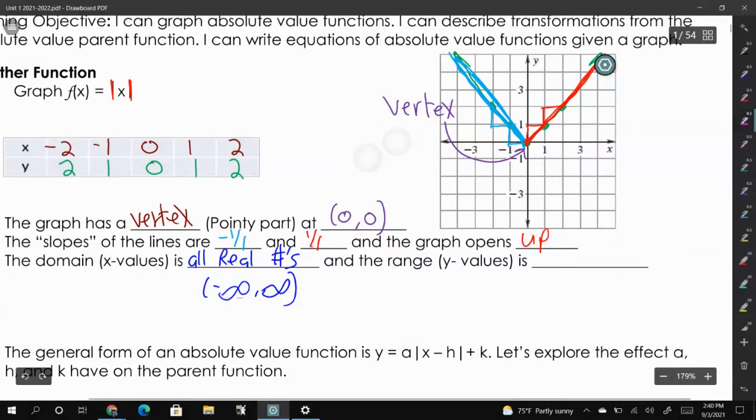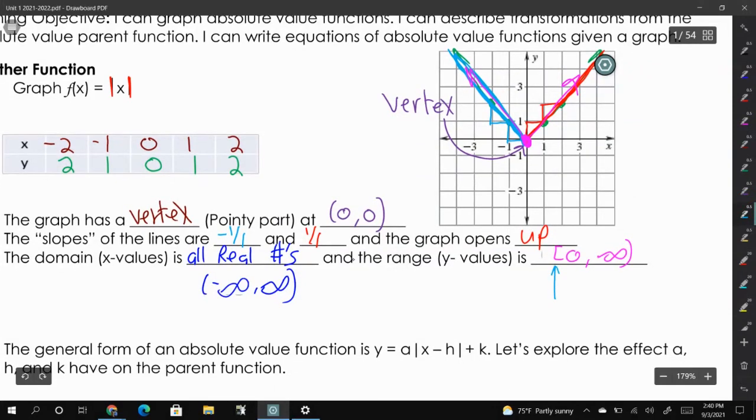The smallest y value we have is right here at y = 0, because both sides of this function are going up. So the range is [0, ∞), and we use a bracket because 0 is included. We have a point at 0.